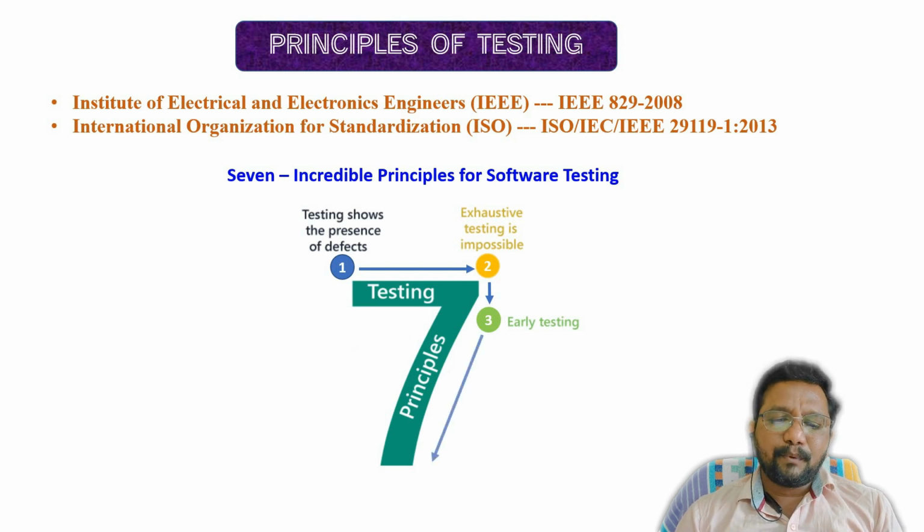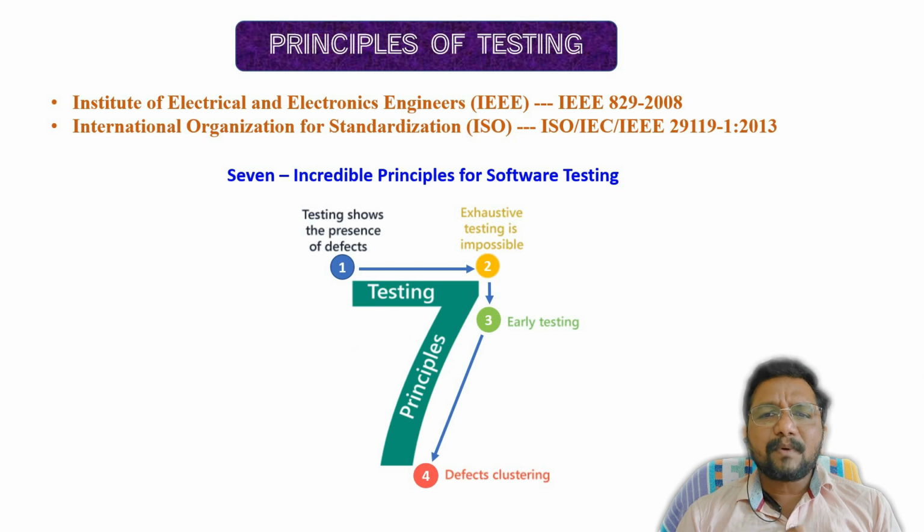And the fourth important principle is defect clustering. Okay, that means what? If the product consists of 100% different modules, all the modules are not defect prone modules, right? Some important modules will be there.